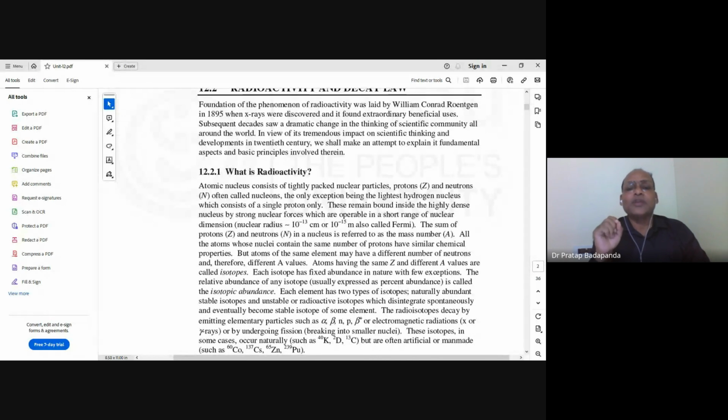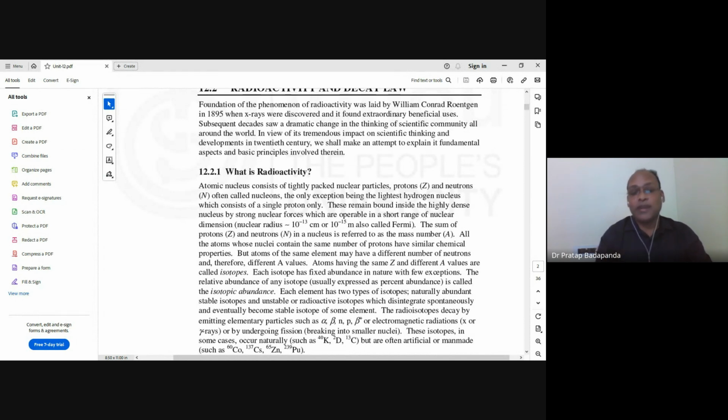But atoms of the same element may have different numbers of neutrons, and therefore different A values. As I gave you the example of protium, deuterium and tritium, the numbers of neutrons are different, so the mass number is different.